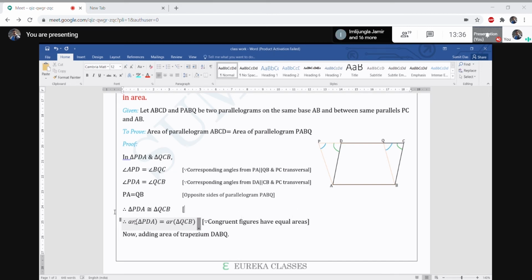By which congruency? Anyone? PDA and QCB, these two triangles we proved they are congruent.